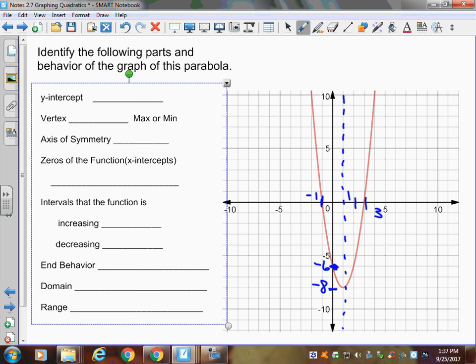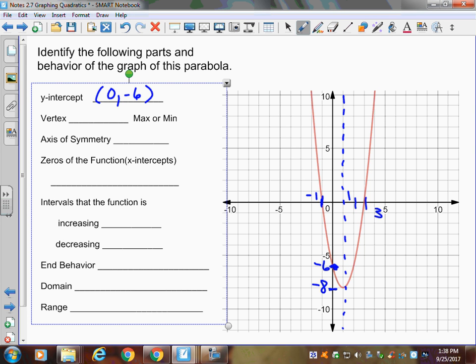Okay, now that we know that's a point, I wanted you to know that, and I want to tell you why. Because you have to write it in a coordinate pair. You don't just tell somebody x equals or y equals when you give something like this. You write it as a point. So that point is (0, -6). That is the y-intercept, and that is how you write one.